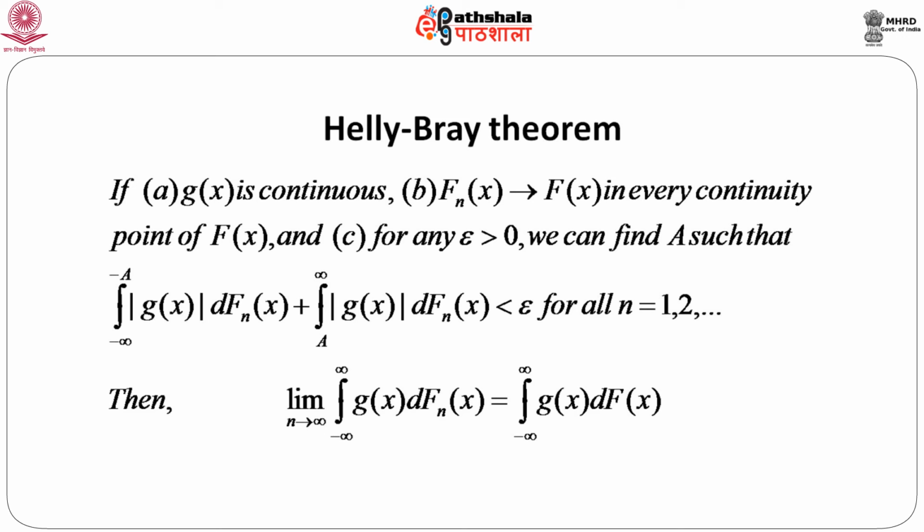This gives us a more flexible way to consider integrals of a function over the entire real line. This is an important jump from what is stated in Helly's theorem to what is stated in this theorem. It encompasses any finite interval as well as the infinite interval, that is, the entire real line, provided these conditions are satisfied.